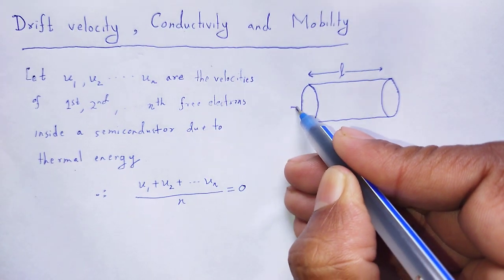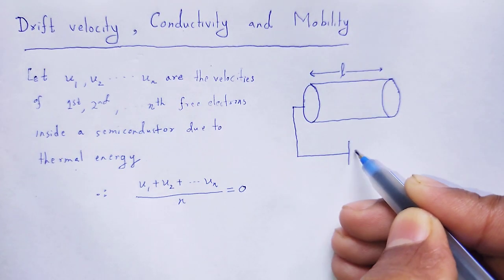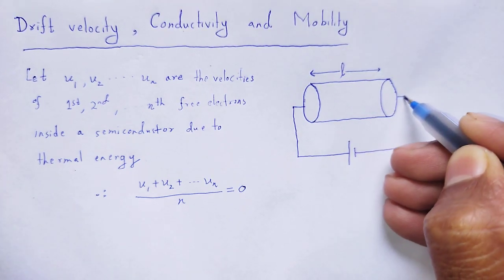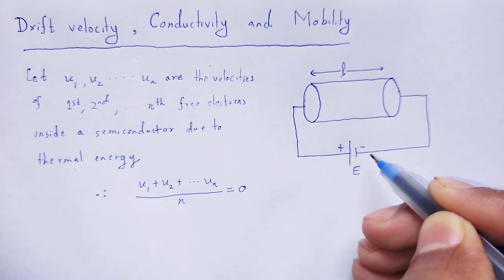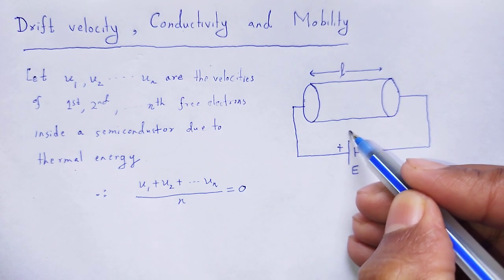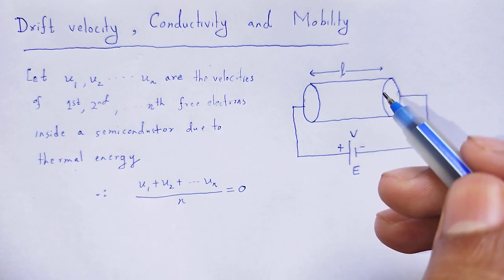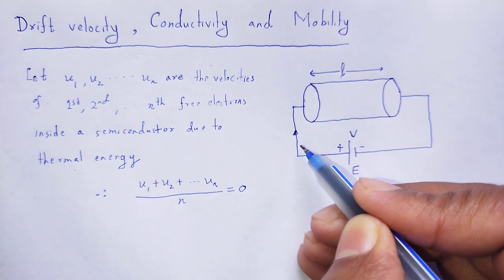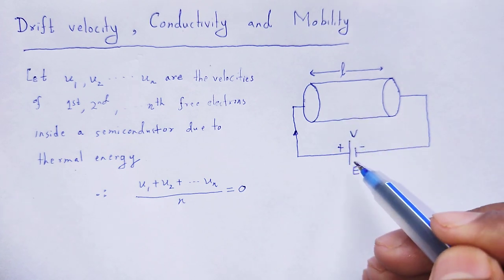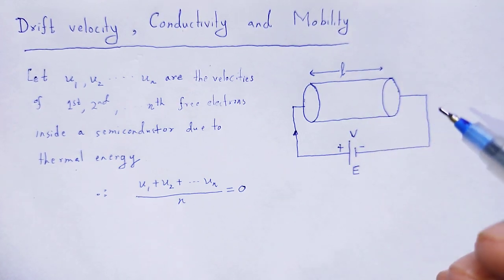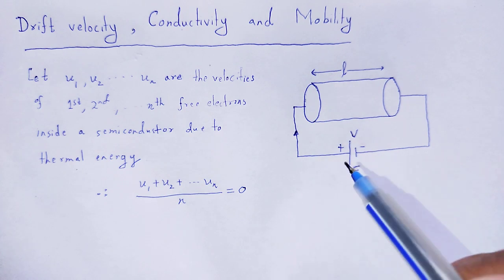If an external electric field, let that external electric field E with potential V, is applied, therefore holes drift along the direction of electric field and the free electrons along the opposite direction of the electric field.